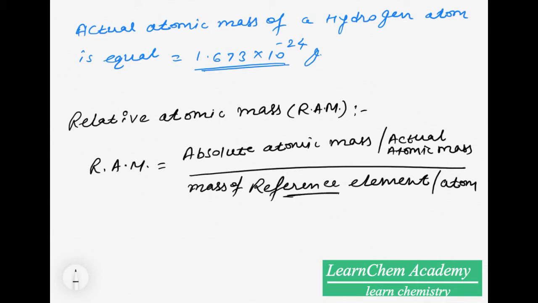Let's take an example. If I have a duster and its weight is 100 gram, this is the actual weight, the absolute mass of the duster.